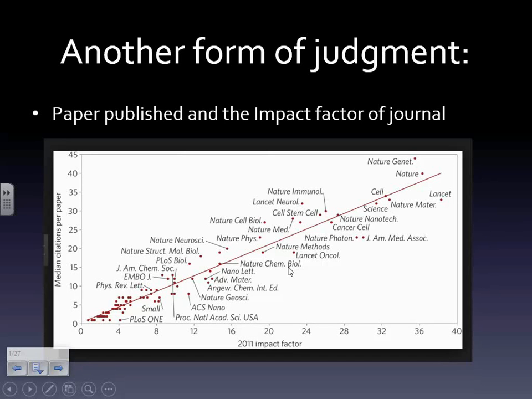So there's a range. You compare journals, you can pick in your field. This is the general sciences. You can see the median number of citations, the 2011 impact factor. If you cite them, you can see Nature, Lancet, Science, Cell, Nature, Genetics, all up here with impact factors close to 40, and then you can see PLOS ONE right there at 4.